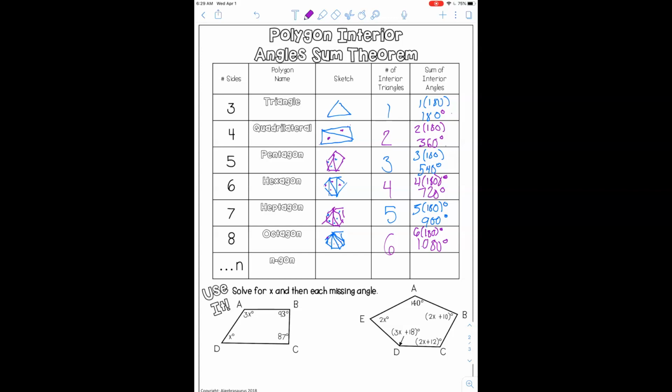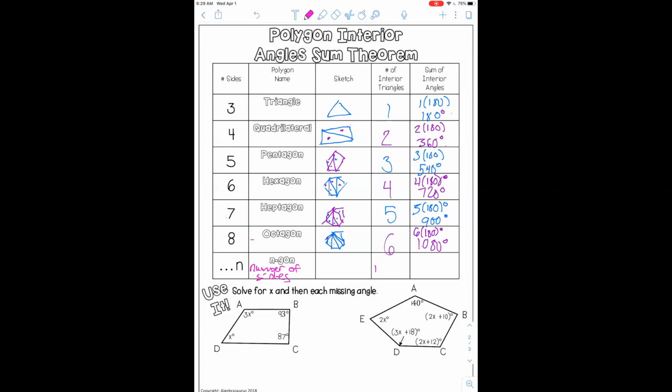So really what we do is we take the number of sides, so N stands for number of sides, and if you see, each time we subtracted 2 to find out the number of triangles inside.